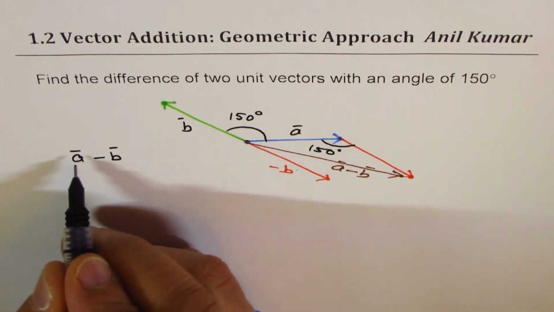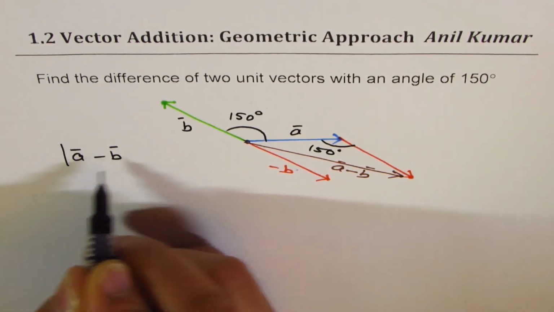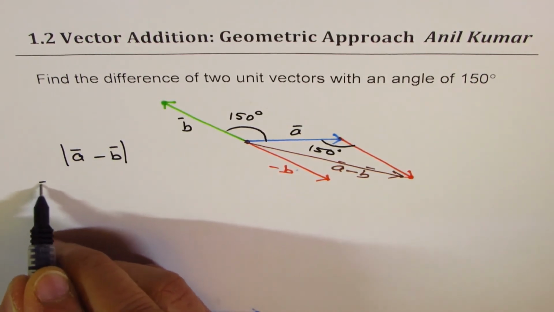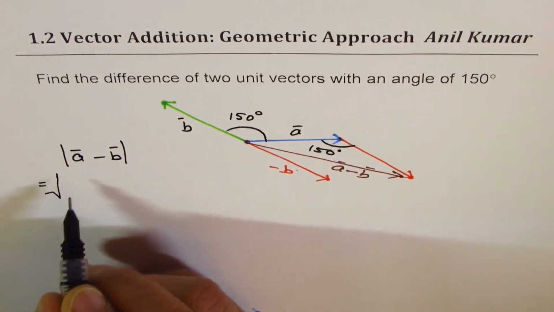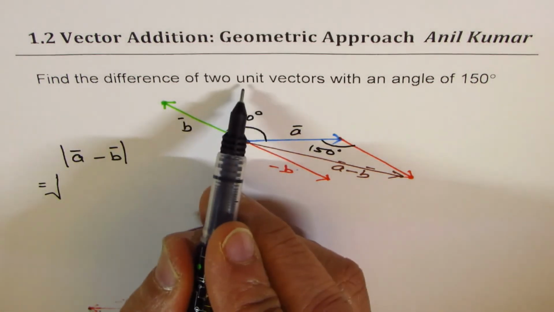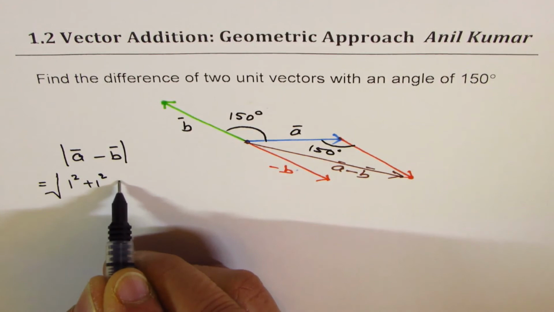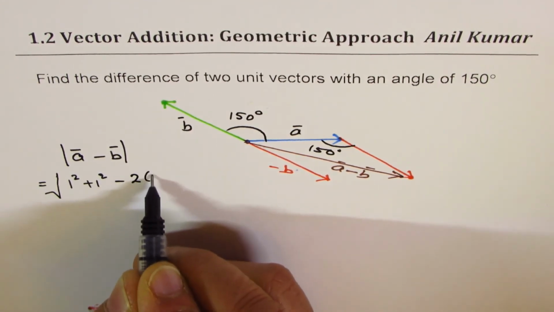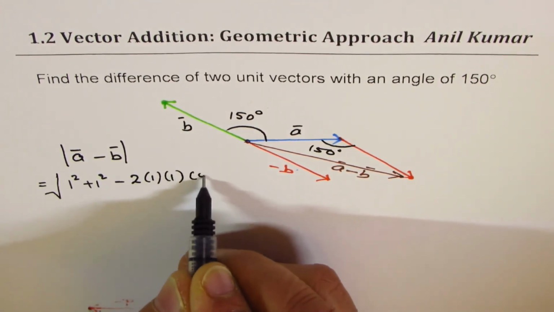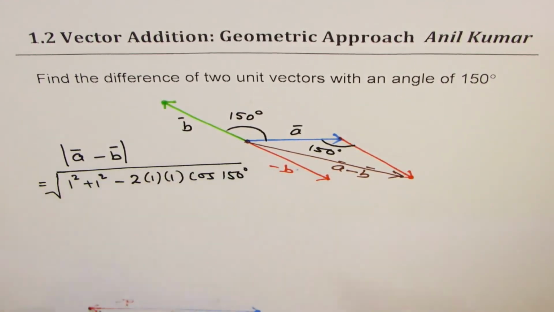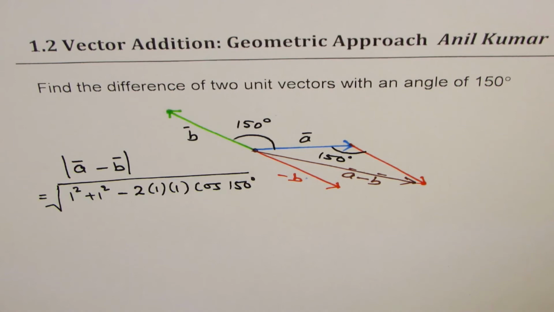So you can say that vector A minus B, let's find the magnitude first. So when we do this absolute value, we are finding magnitude, which is equal to, unit vector means magnitude is 1, so we write 1 square plus 1 square minus 2 times 1 times 1 times cos of angle 150 degrees. Square root. Perfect. Let's calculate this answer.